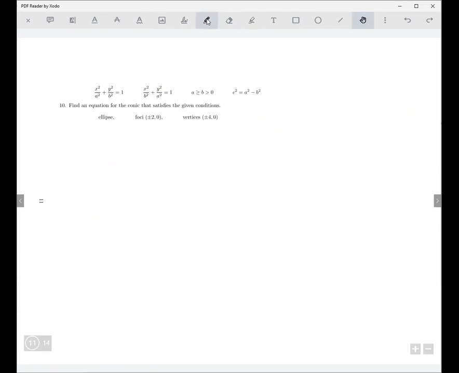So let's look at number 10. Find an equation for the conic that satisfies the given condition. So you want an ellipse, and here are the relevant equations for an ellipse. We want the foci to be at plus or minus 2, 0, and the vertices at plus or minus 4, 0. Again, it could be a good idea to graph this.